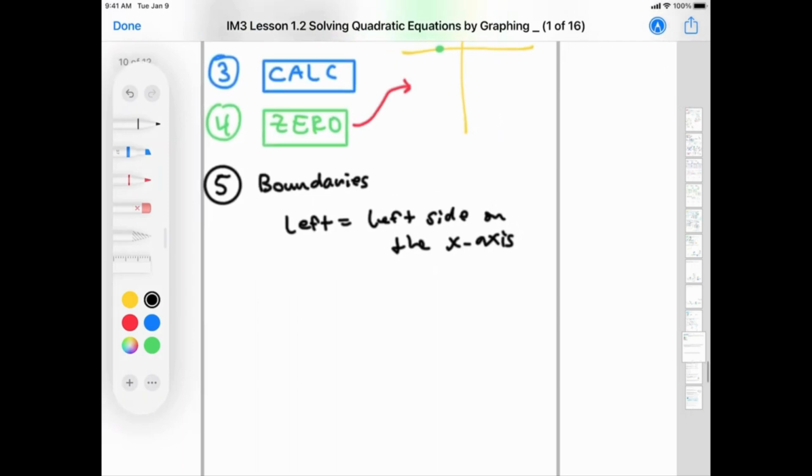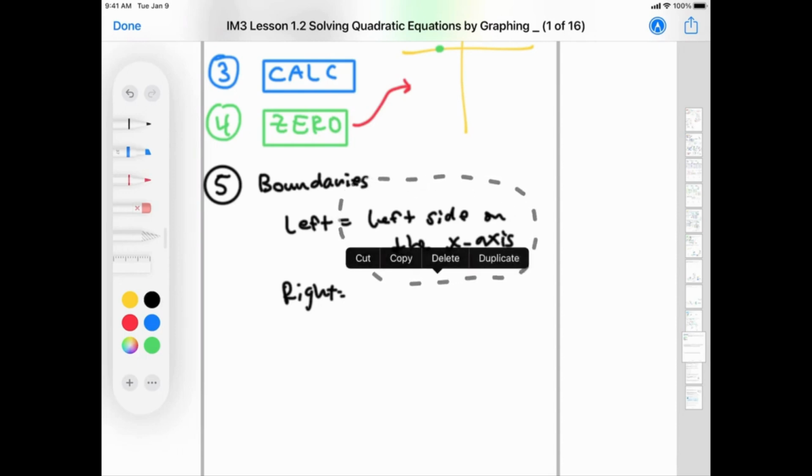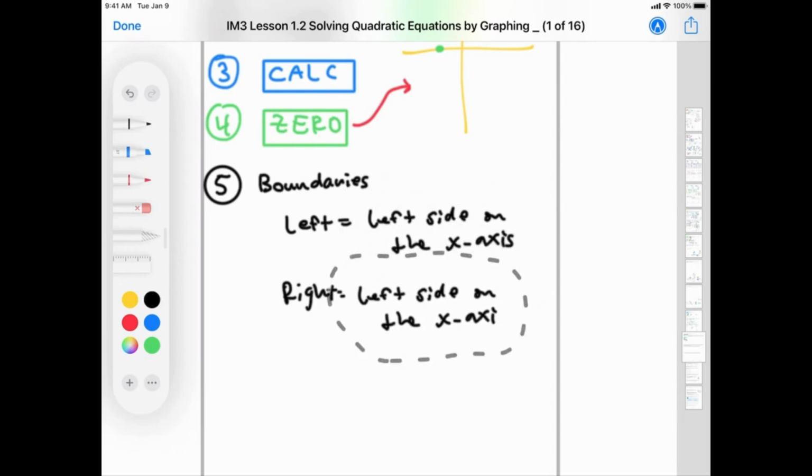Okay? And the right boundary, well, what do you think that means? Yeah, the right side, coming from the right side of the graph.